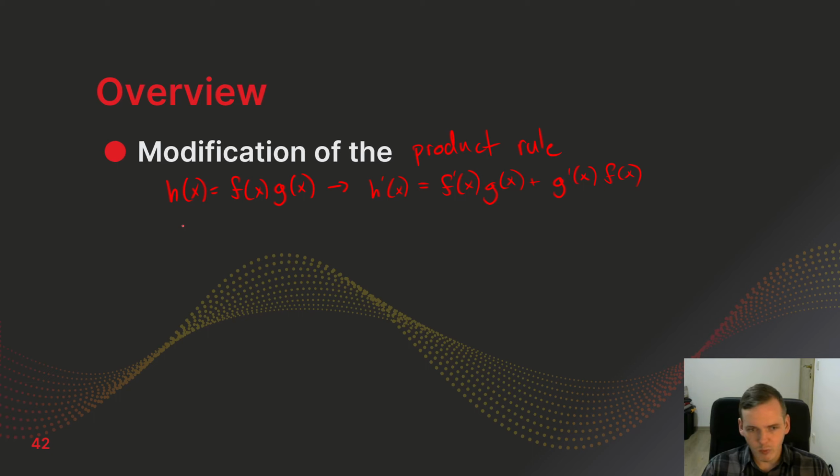That means that when we integrate both sides, we get that the integral of h prime of x dx is equal to the integral of f prime of x g of x plus g prime of x f of x dx, which means that h of x plus c is equal to the integral of f prime of x g of x dx plus the integral of g prime of x f of x dx.